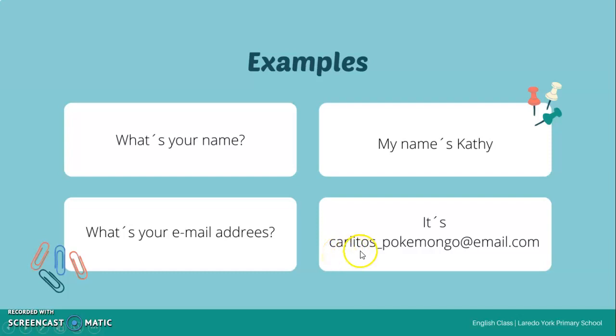One more time. Carlitos underscore Pokemon Go at email.com. Good. So that's the information that you have to remember for this topic, guys. It's really easy, right? And this is basic for you to communicate with other people.